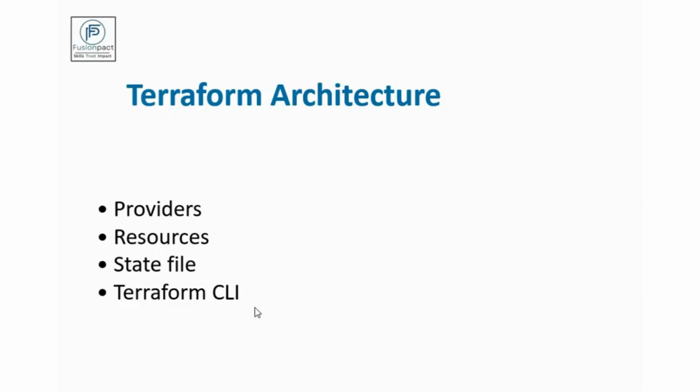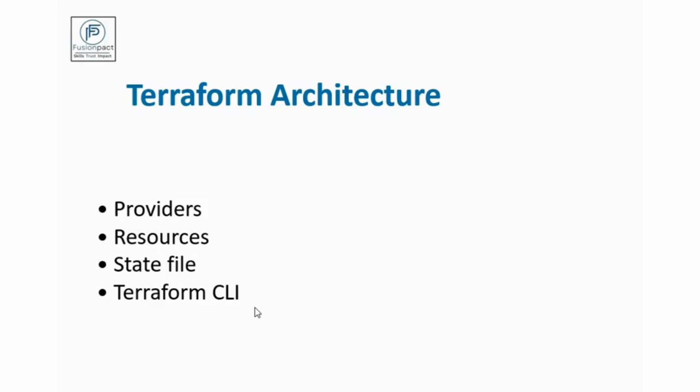So what are the components of Terraform? Mainly, for writing Terraform we require the providers, which are initially the repos that are able to connect with the cloud. For example, for connecting with AWS, we require the AWS provider.